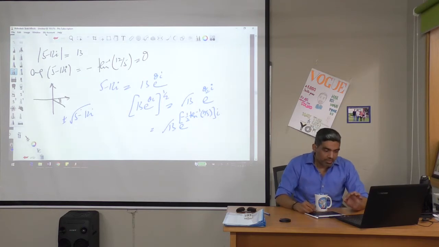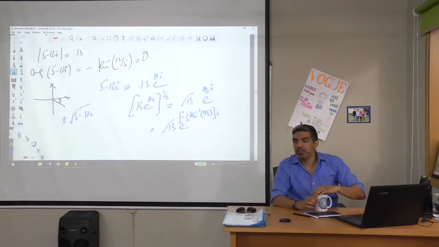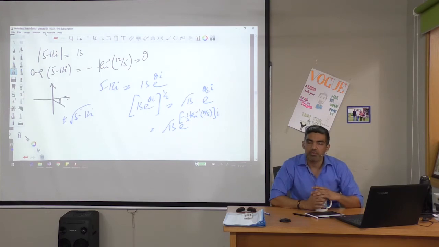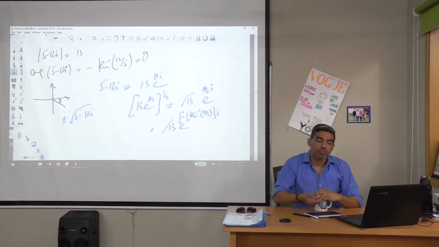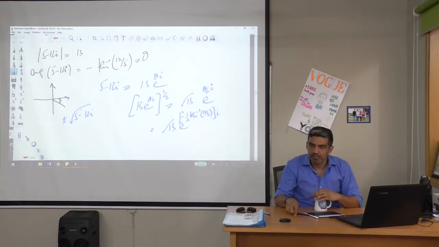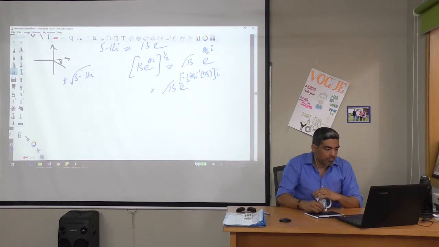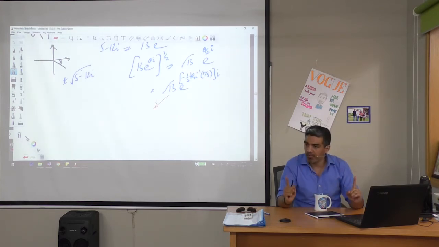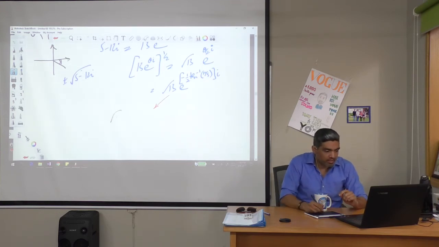But generally, if they ask you to find the square root, they'll most probably ask you to give it in the a plus b i form. You can convert this easily into the a plus b i form now. Square root is done. You just have to convert it back, in just 2 steps. Convert it back to the modulus argument form first, and then the a plus b i form. So in the modulus argument form, this would be root 13 cos theta plus i sin theta.